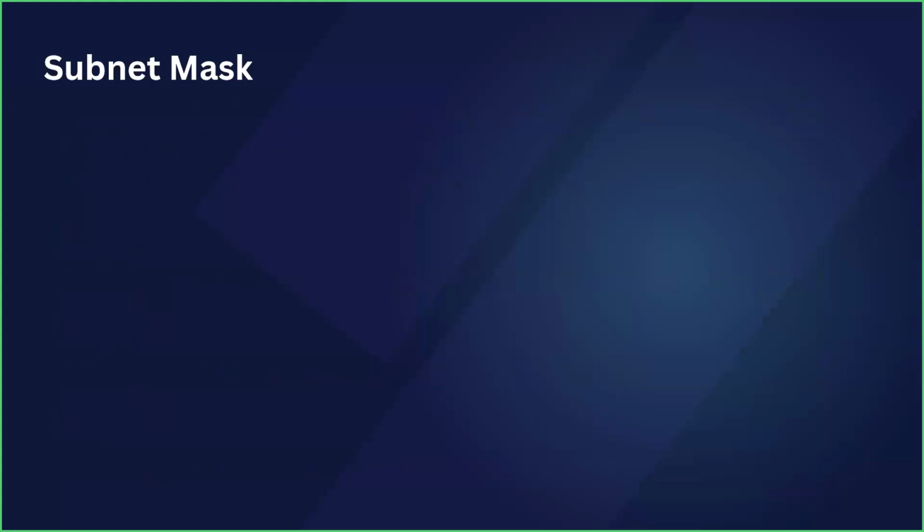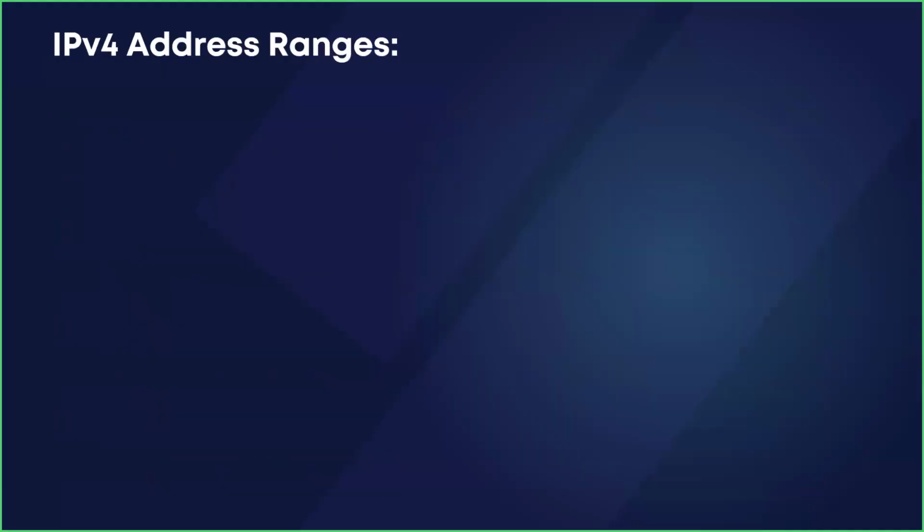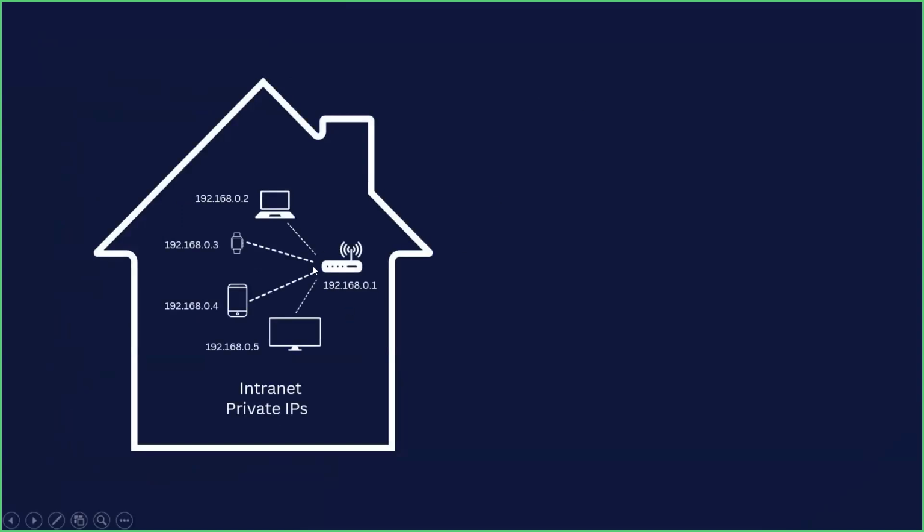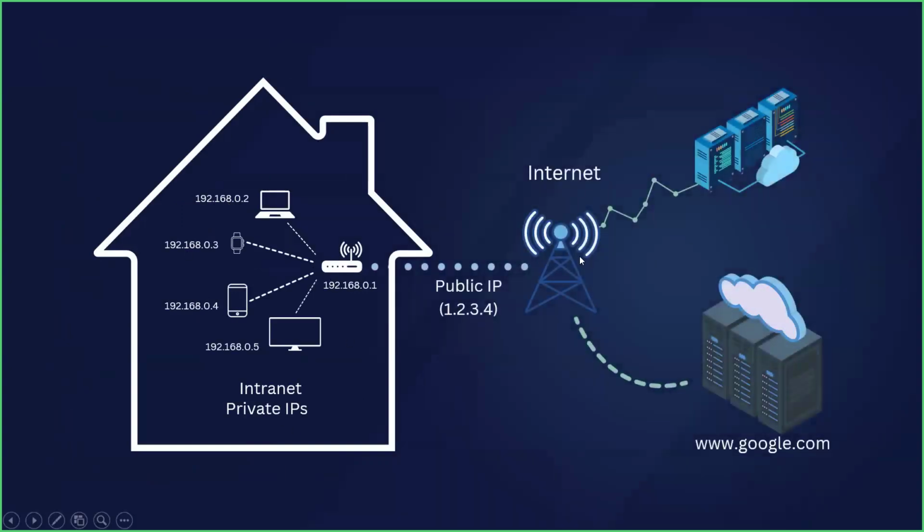If you remember this diagram, which we covered earlier, your router is a device which provides the internet wirelessly to all your other devices in the network, your Wi-Fi router. And this Wi-Fi router gets a cable from outside your house, from the ISP, Internet Service Provider. So this router is acting as a gateway for all the private IP devices to communicate with the internet.